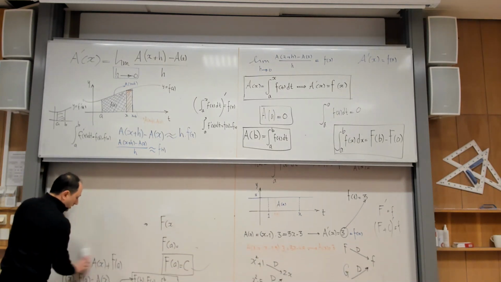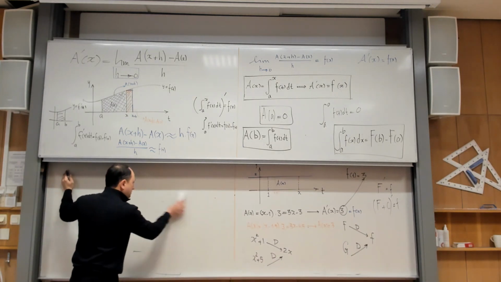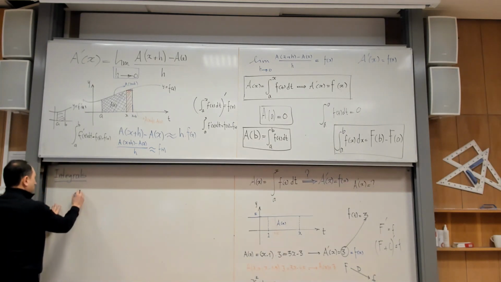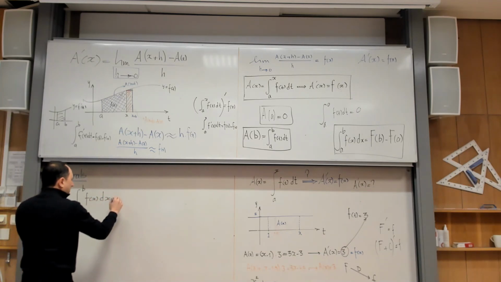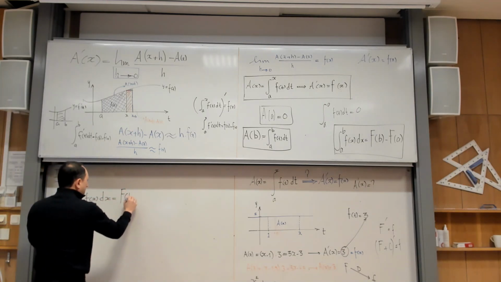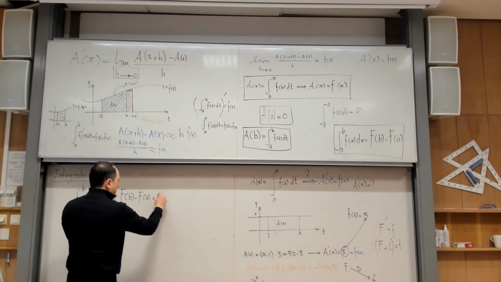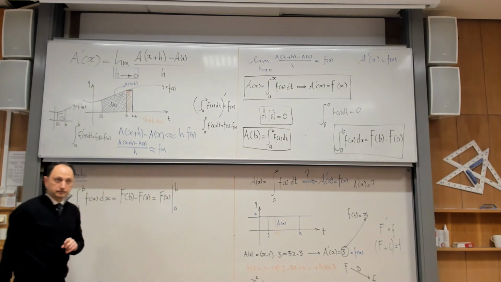Okay. So before ending this lesson today, let me try to solve some problems using this. By the way, there is another symbol for that, so let me write this in this form. Integral from a to b, f of x dx is equal to F of b minus F of a. Sometimes you see people write it in this form.